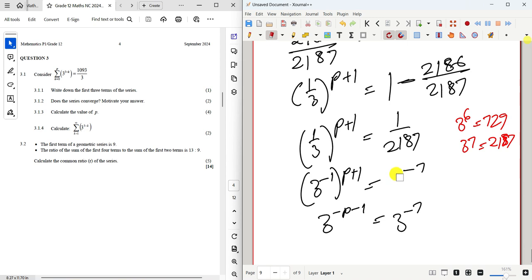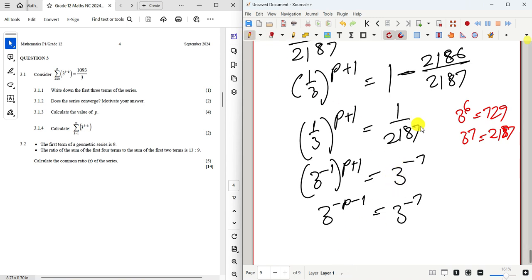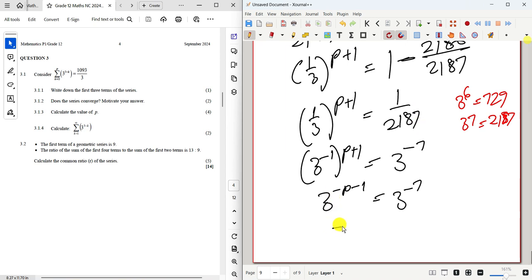This is not 2, but 7, but 3. So as you can see, when it's like this, we can simply say minus P minus 1 equals minus 7. Therefore 6 equals P. Therefore, P equals 6. Happy?